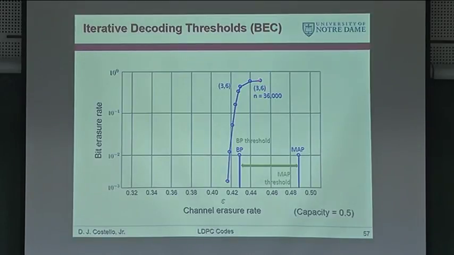And here's a simulation which shows a 36,000 bit code. These are rate one-half, so there'd be like 18,000 information bits. At that length, we get pretty close. We get a 10 to the minus 3 erasure rate within almost 0.01 difference. This is 0.429.